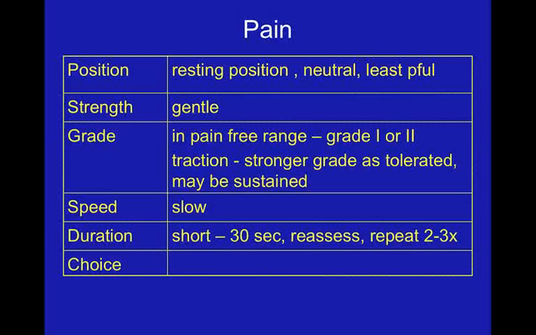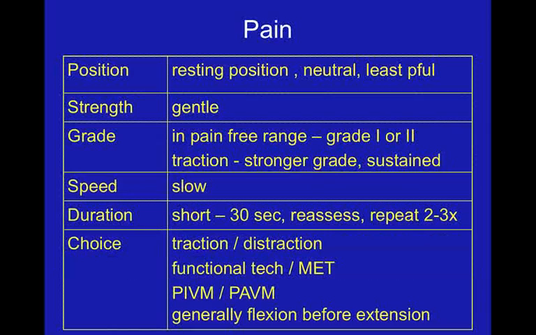And the duration initially would be short, 30 seconds worth of technique, then reassess, and then you might repeat that 2 or 3 times. The type of techniques that are used, we have mentioned earlier that traction is probably considered the most gentle of techniques. There's often at a joint both traction and distraction.